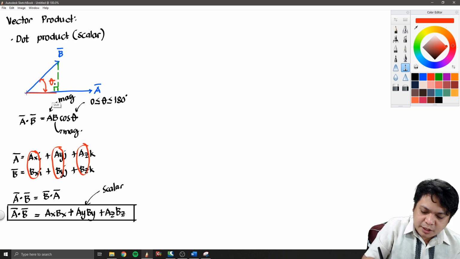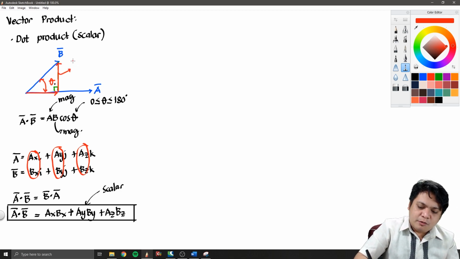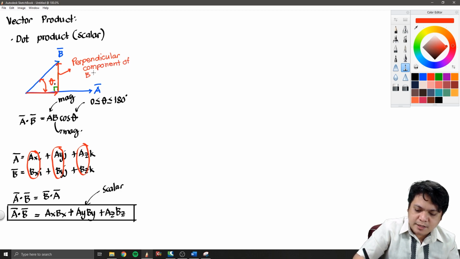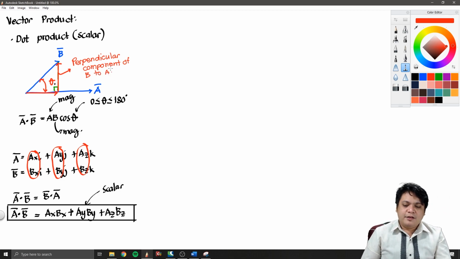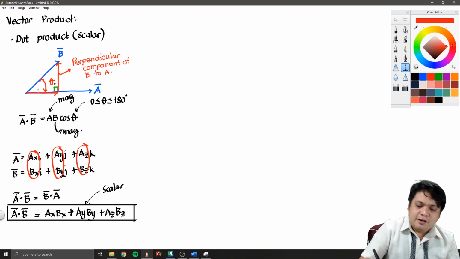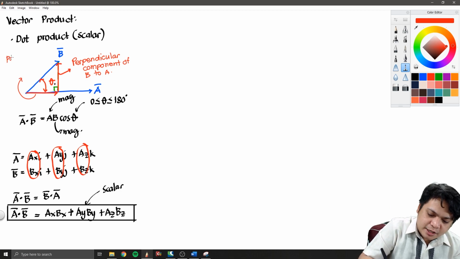You will have here the component of B, and we call this the perpendicular component of B to A, meaning the perpendicular component of B to the line of action of A. And this is the parallel component of B to A.